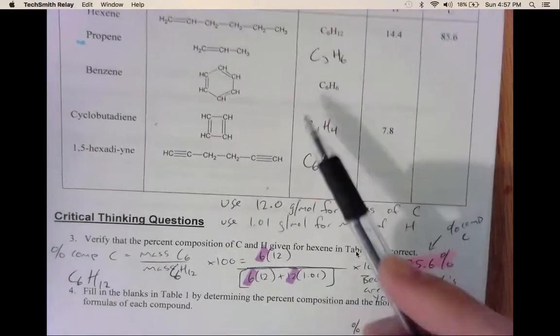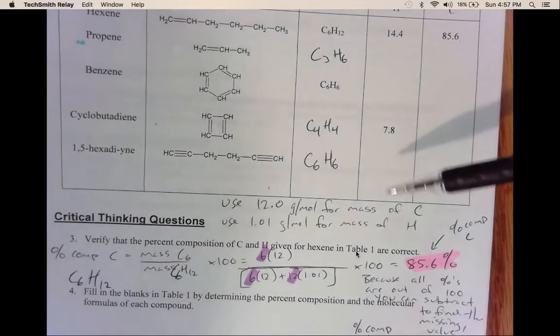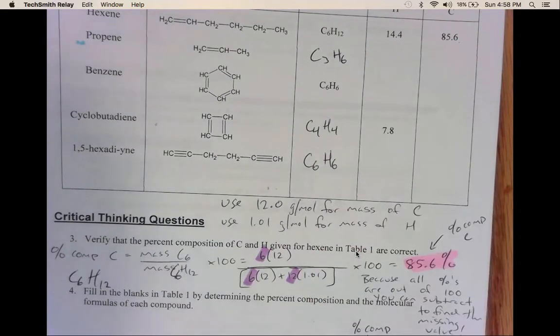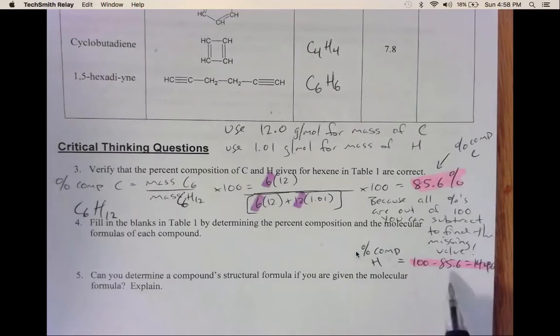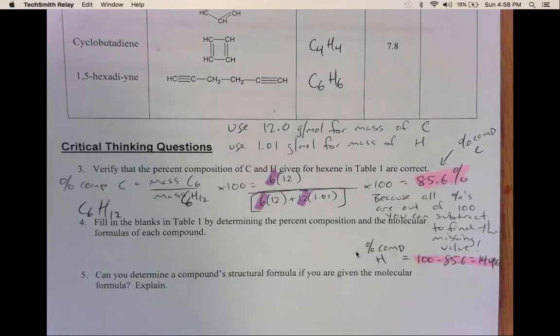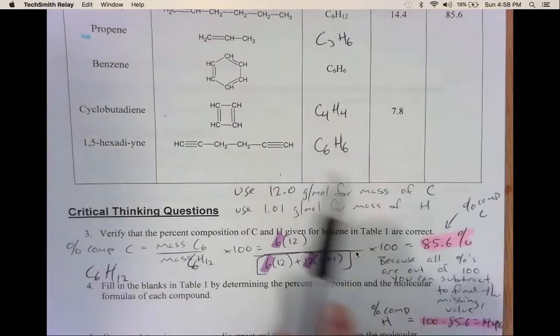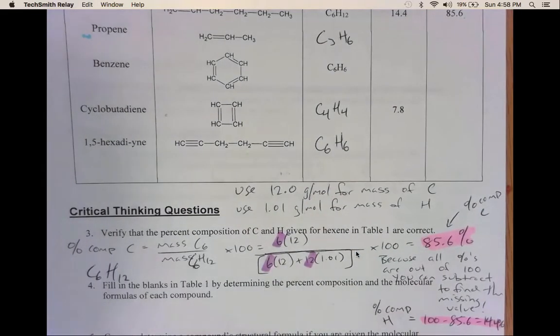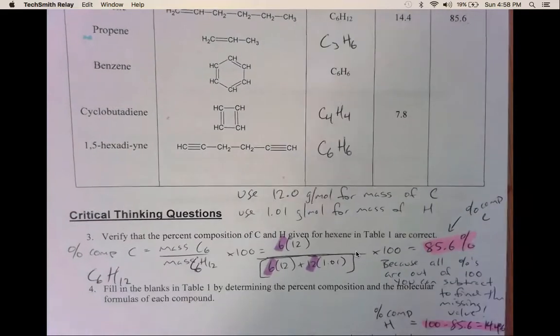So when you are solving for propene, benzene, cyclobutadiene, you can just solve for the percent of carbon by changing the subscripts, and then you can solve for the percent of hydrogen by subtracting from 100. Remember, you can subtract from 100 because all percents are out of 100 and you're only missing one of them. So that is a quick, easy way to solve for these. So remember, just change the subscripts and then plug them into your calculator.